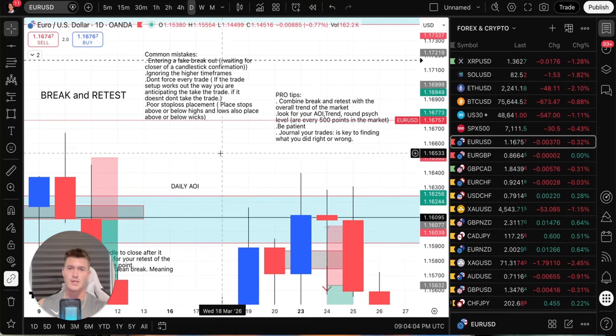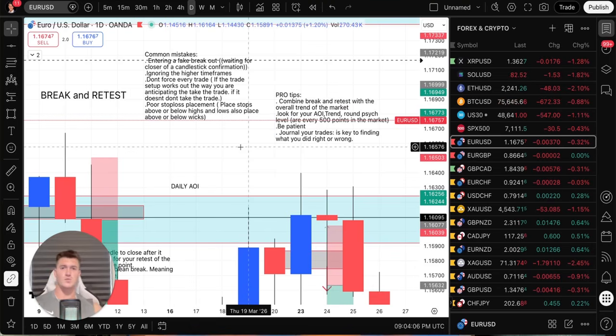Then my pro tip right here is combine break and retest with the overall trend of the market. So if you're breaking and retesting and you're selling, the market needs to be bearish. Or if you're buying, the market needs to be bullish. And you want to look for your areas of interest, your trend, and your round psychological levels, which are every 500 points in the market.